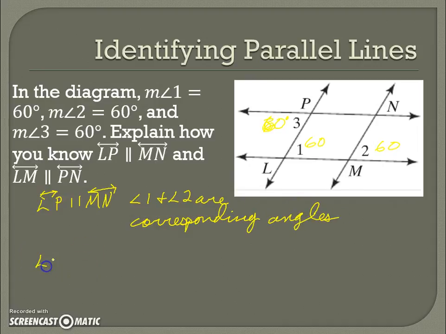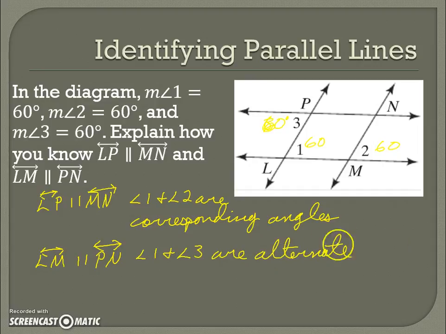To figure out line LM and PN, all right, so I'm looking at LM and PN. I would say angle 1 and angle 3 are congruent, and they're also alternate interior. So I'd say angle 1 and angle 3 are alternate interior angles.